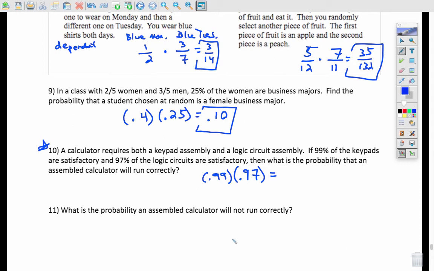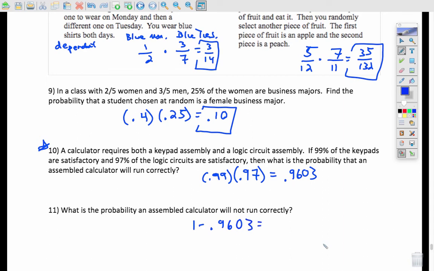So let's get that total brought up here. I'm going to do this on a calculator off screen. And that probability is 0.9603. So about 0.96 probability that you get an assembled calculator that works perfectly. Okay, well, what's the probability of getting a calculator that doesn't work perfectly?